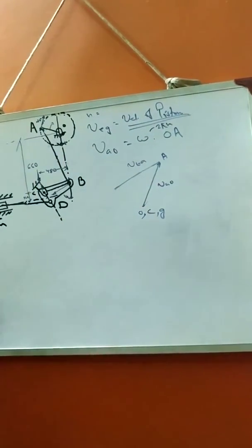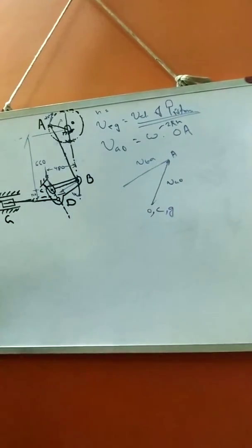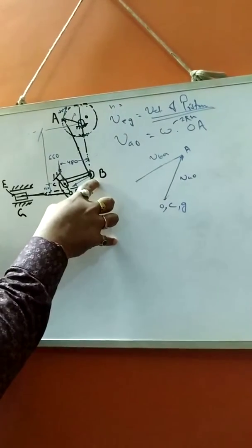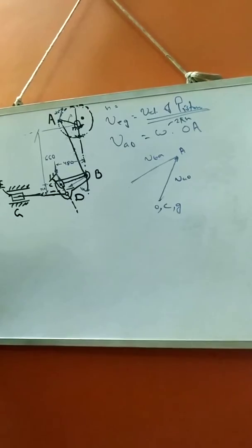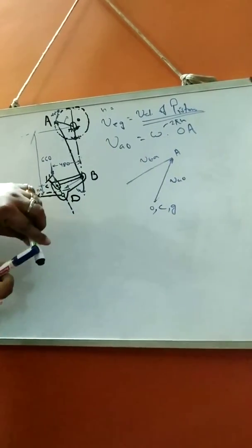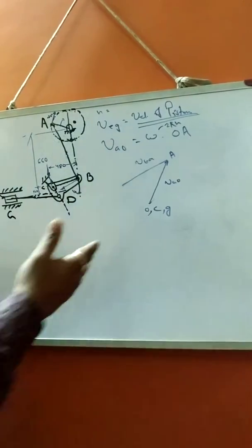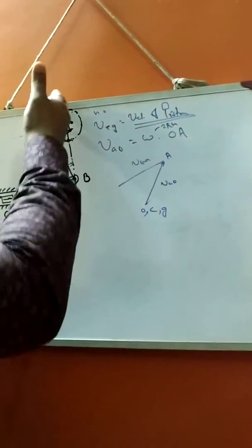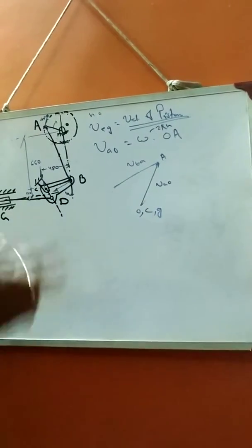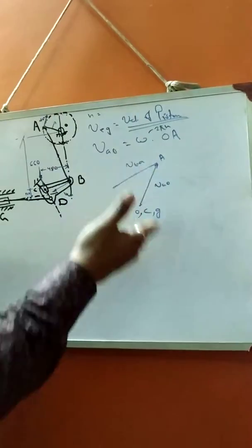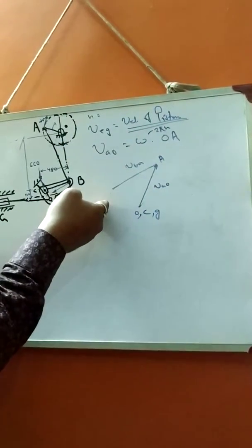Now B is a connecting point at which AB and BC are both connected. We have found the direction of the velocity of B with respect to A, which is in this direction.